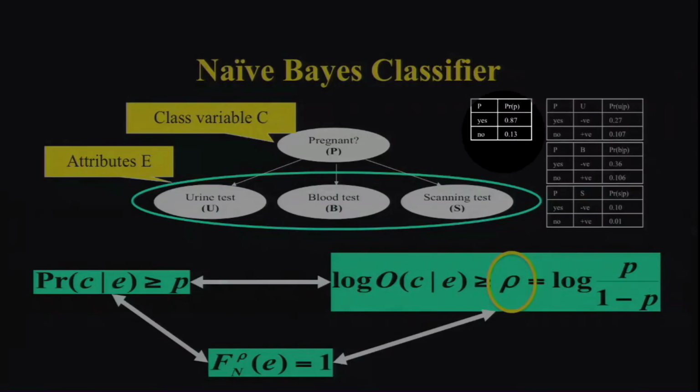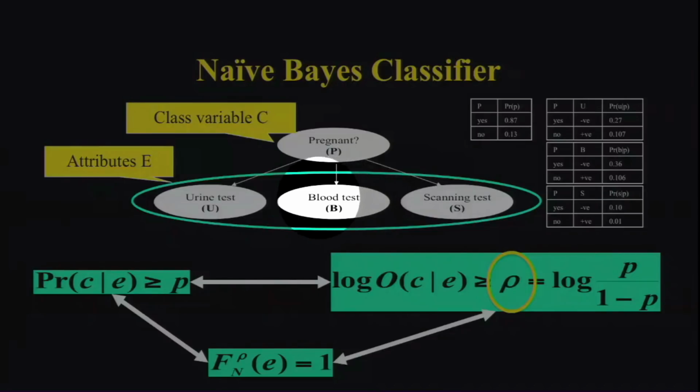So if you take this 87% and you make it 90%, does that change the classifier? Would the old one and the new one end up doing anything differently? That's the question we're going to focus on.